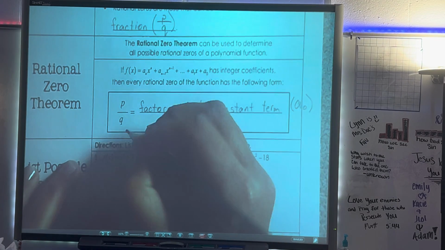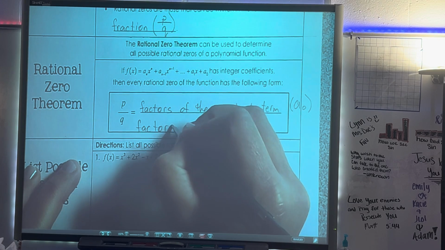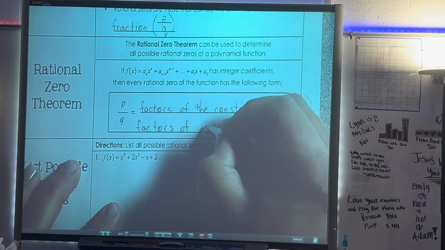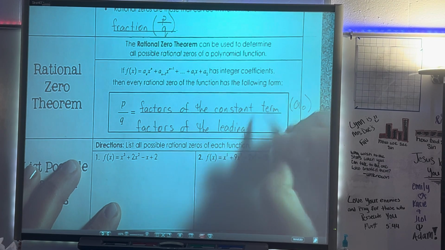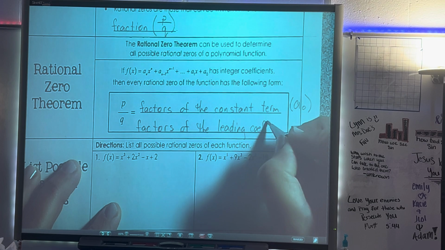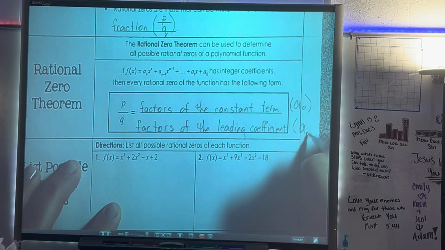And then q are going to be factors of the leading coefficient.